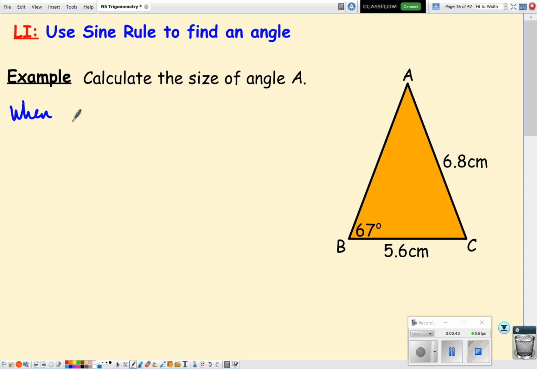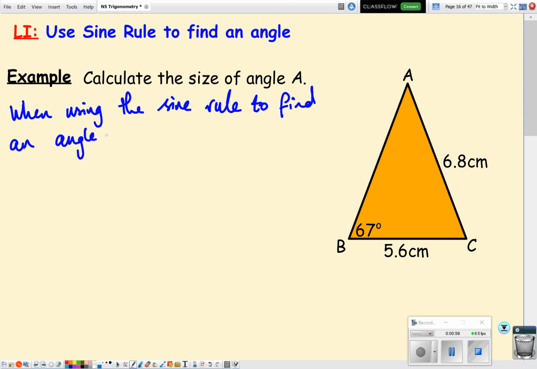Well, there's something different we're going to do about this sine rule example here. Basically, when using the sine rule to find an angle, what we would do is use the sine rule upside down.